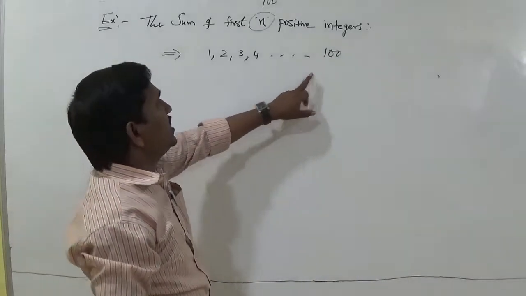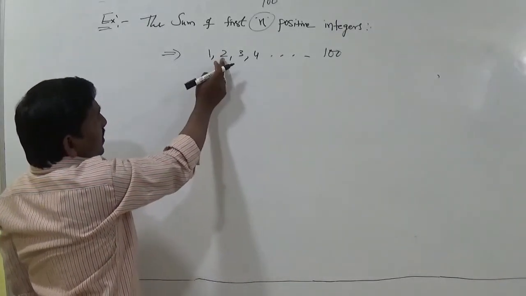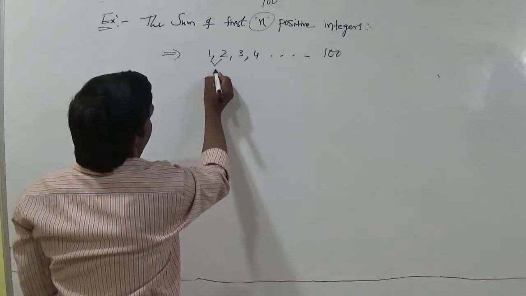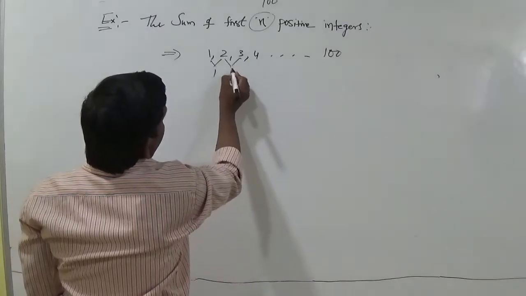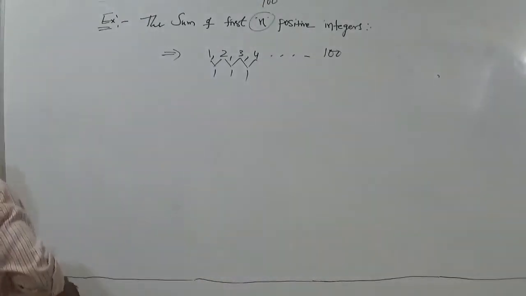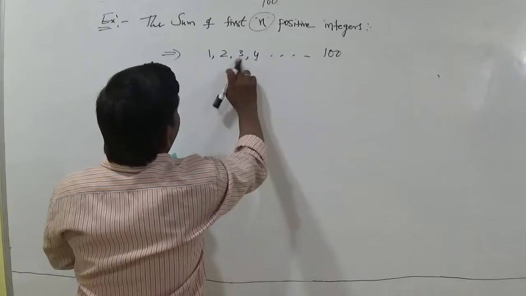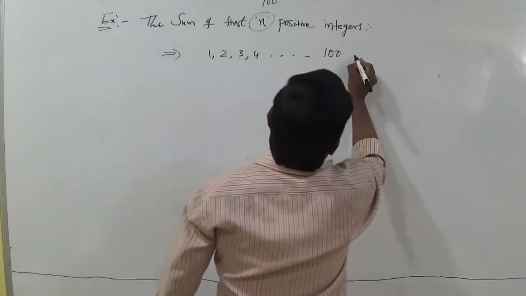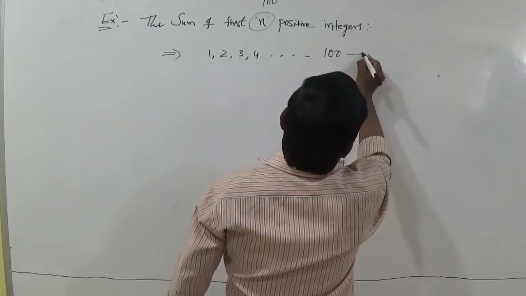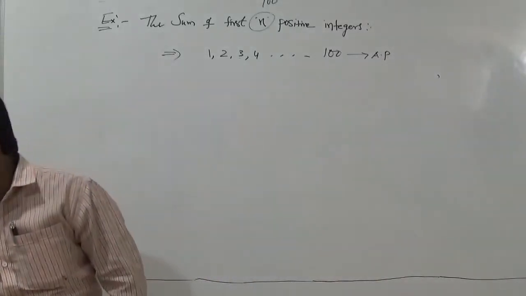Okay. What is the common difference between 2 and 1? 1. 2 and 3? 1. 3 and 4? 1. So the common difference is 1, so the sequence is in AP.